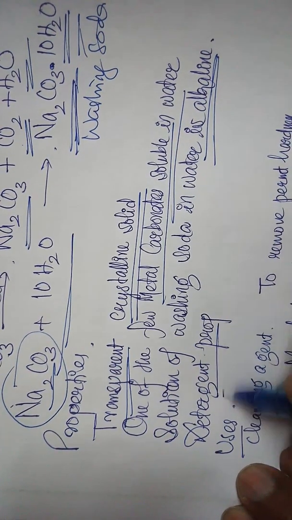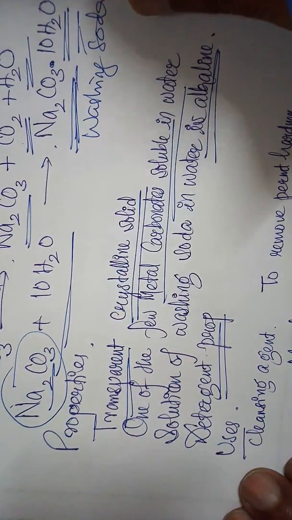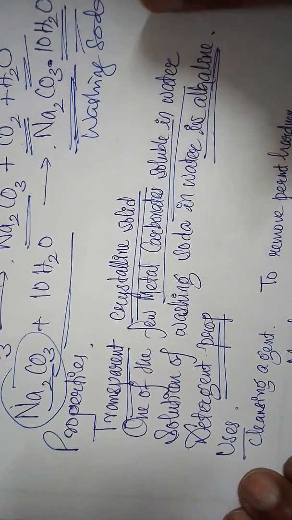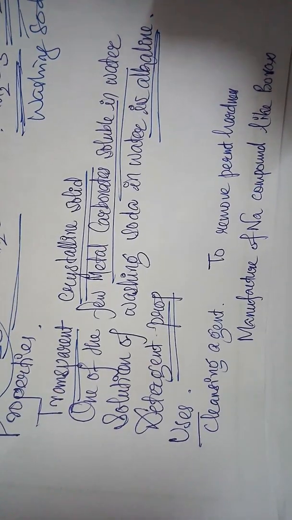Detergent properties are also there. That is why it is known as washing soda. It is having cleansing properties for cleaning clothes, cleaning dirt. Now the uses of sodium carbonate decahydrate, or we can say washing soda.